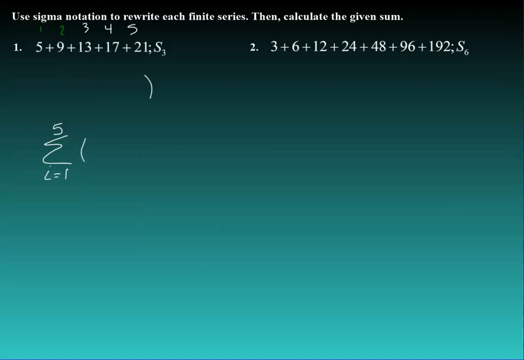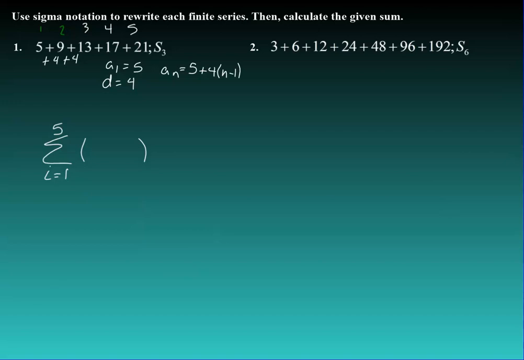So I'm going to move this down here out of the way. We're adding 4 each time. So a sub 1 is equal to 5, and d is equal to 4. So we have a sub n is equal to 5 plus 4 times n minus 1.